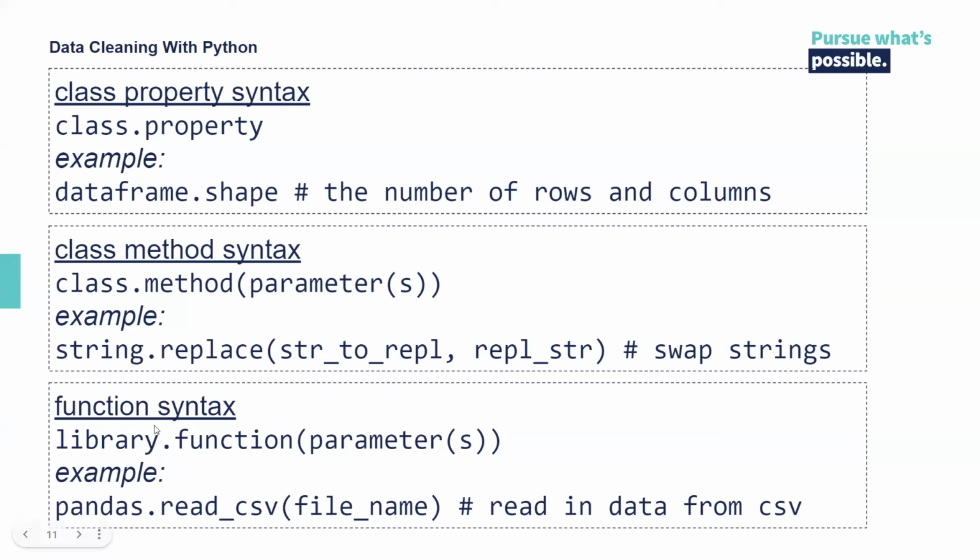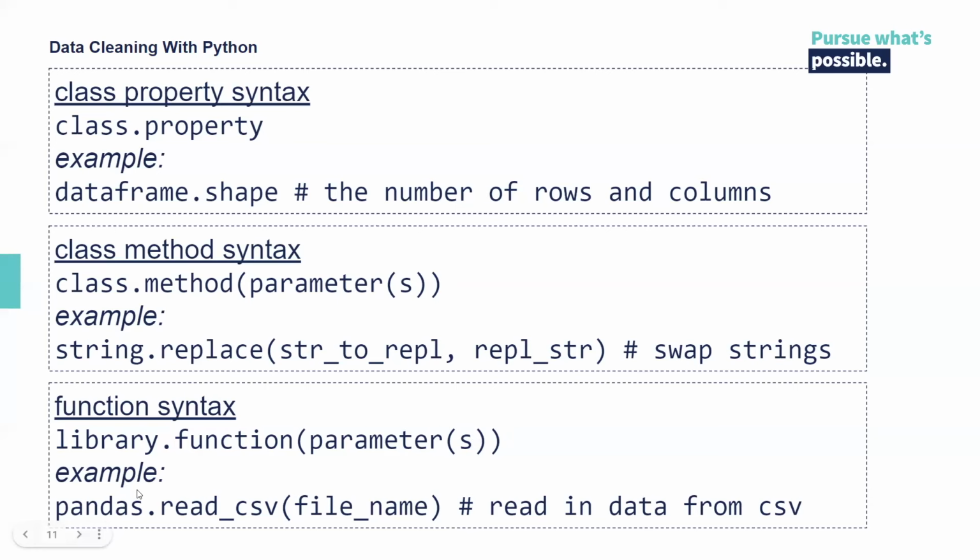And then finally, we have the syntax for functions. Functions are associated with the library, the Python library itself, not necessarily a class. So the syntax looks like you're going to call the library dot the name of the function. And then again, within the open close parens is going to be 0 or more parameters, and that's information passed into the function.